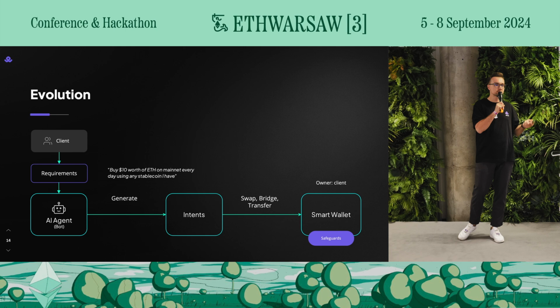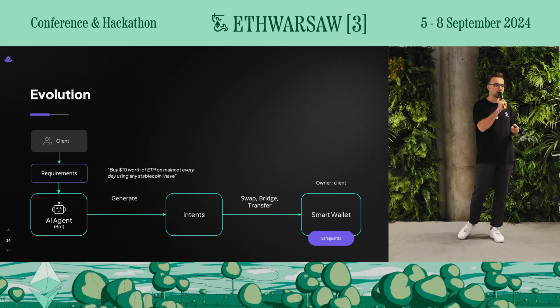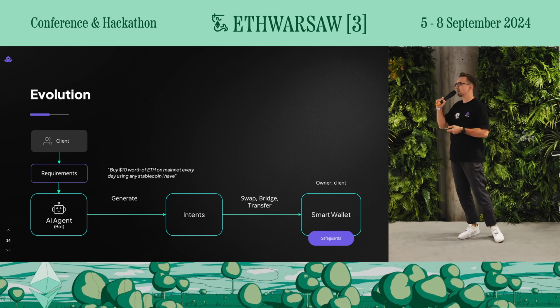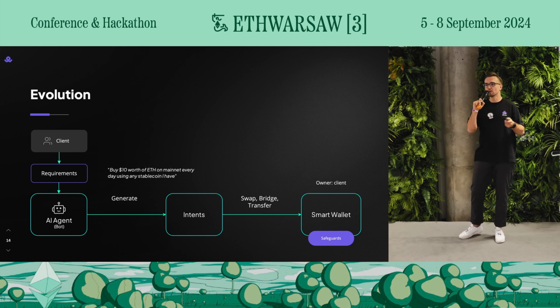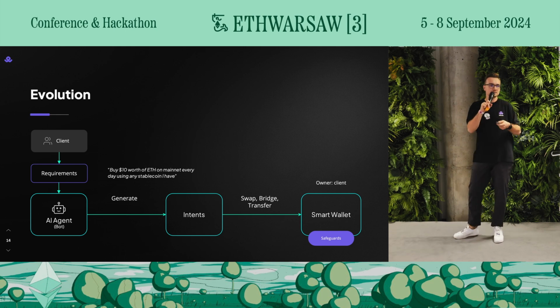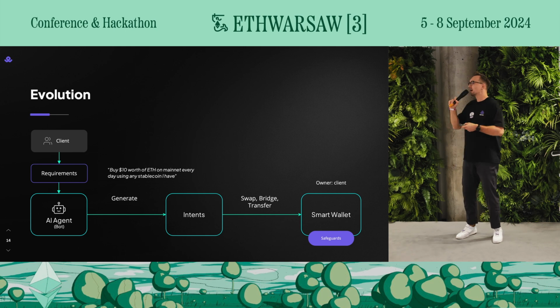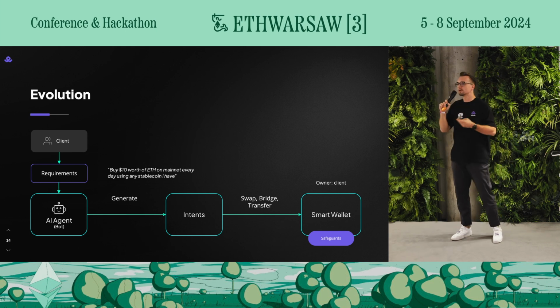For example, a user can say, buy $10 worth of ETH on mainnet every day using any stablecoin I have. So the AI agent will create intents to buy $10 worth of ETH daily with a stablecoin.